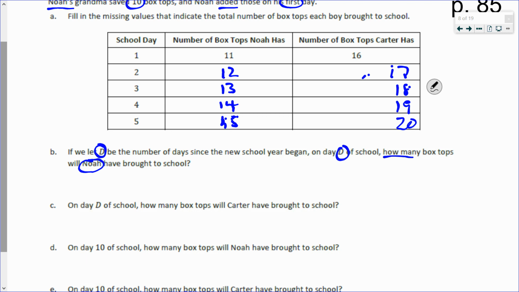D is the school day. Whatever school day I want, from now until day 180, when the last day of school is, I can figure out how much he had done. D plus 11. I know that. You knew it? How many of you knew that?